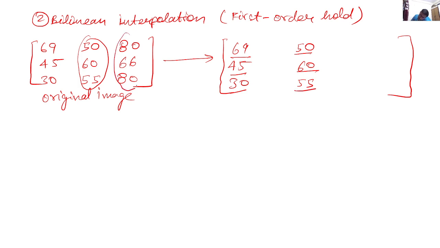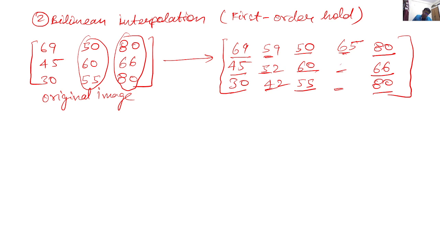And the third column of the original image will become the last column, so it would be 80, 66, 80. And how do you fill up the gaps? There are gaps in between. The gaps are filled up by linear interpolation between them, or arithmetic average. So this would be 59, this would be 52, this would be 42, this would be 65, this would be 63, this would be 67.